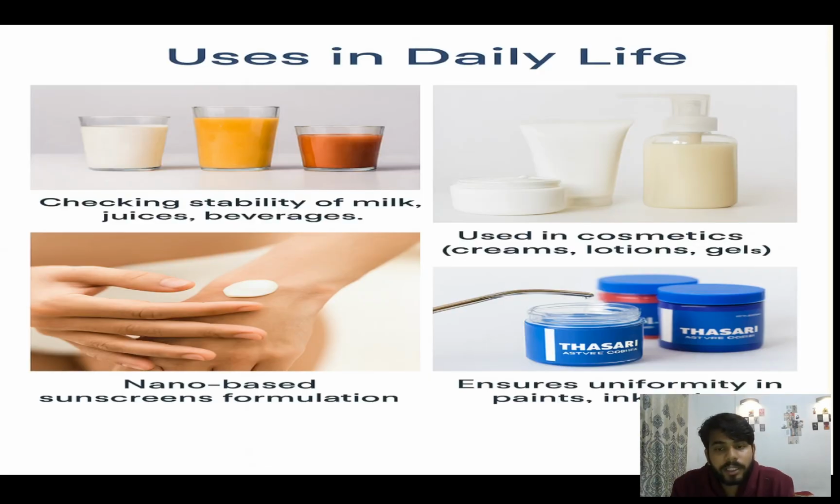If the particle size changes even slightly, the performance or stability of the product may be affected. And DLS allows us to check this in early stages, and this helps in decreasing wastage, improving efficiency and maintaining standards.